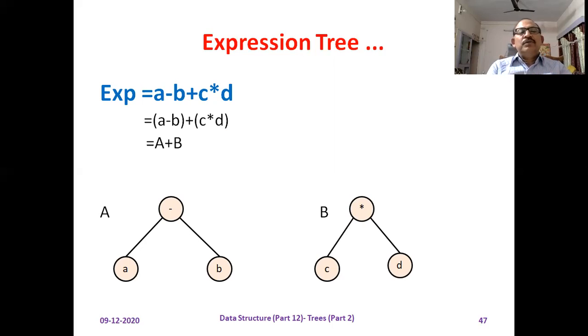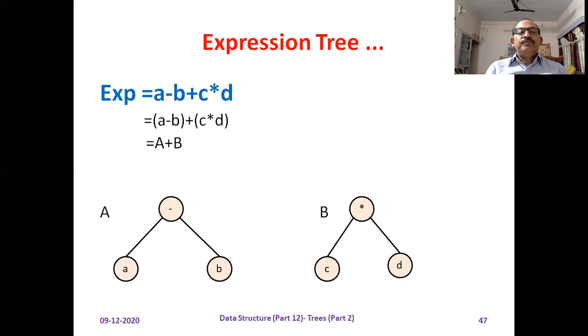For capital B, the expression is c into d. So star is the root node, with c as the left child and d as the right child.